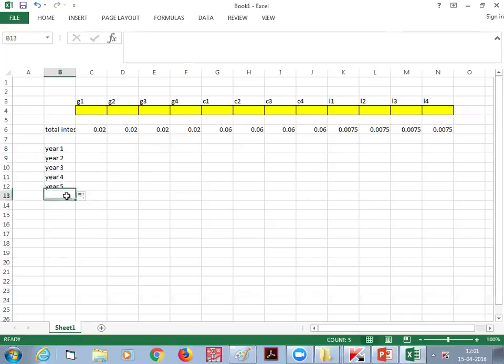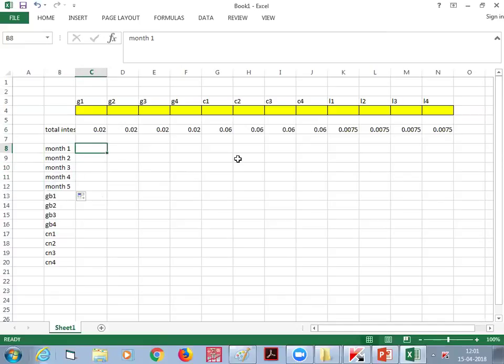Then GB1 to GB4, and then C1 to C4. Let's call it CN1 to CN4. Sorry, they're not years, they're months. Month 1 to month 4, not years.